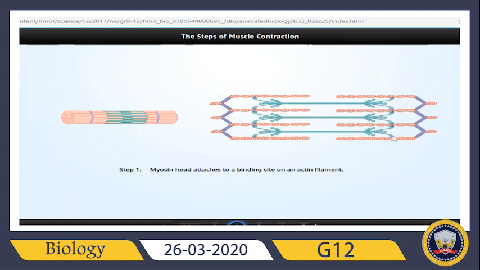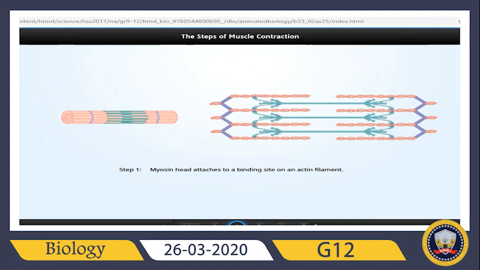So where is the myosin? These are the myosin. This is the actin. Good. This is the myosin head, attached to a binding site on the actin filament. This is the actin filament. This is the attaching site.